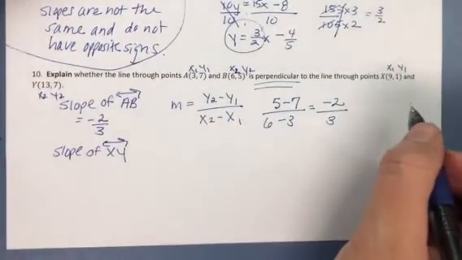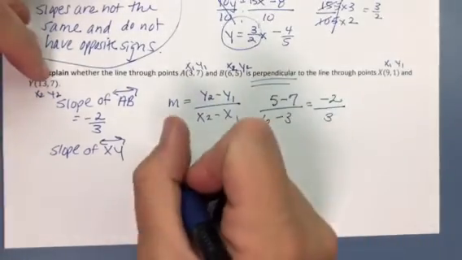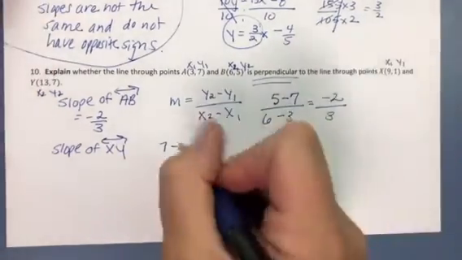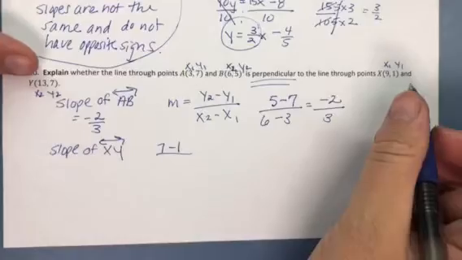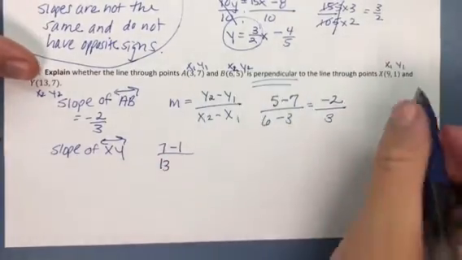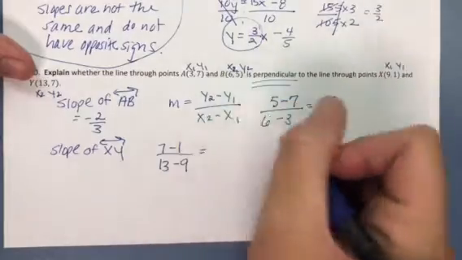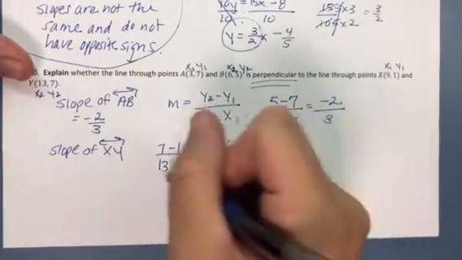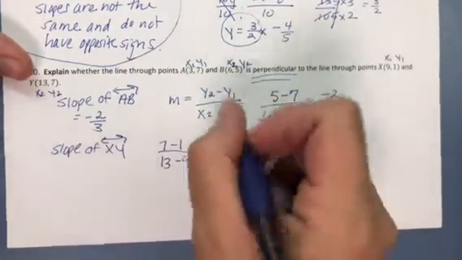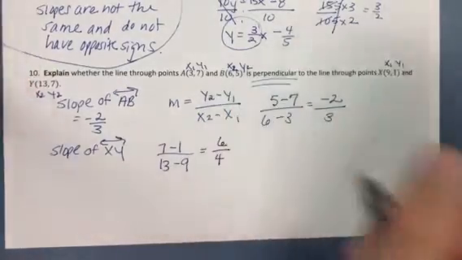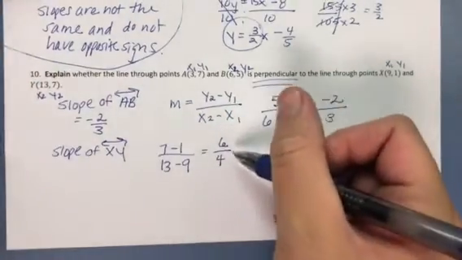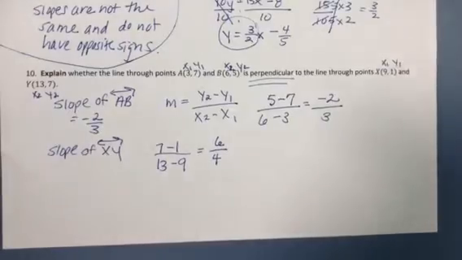All right, so let's see. So if I do 7 minus 1 on top, on bottom I have 13 minus 9. 7 minus 1 is 6. 13 minus 9 is 4. And what we said in class is if you don't simplify, you're not going to see what you need to see.